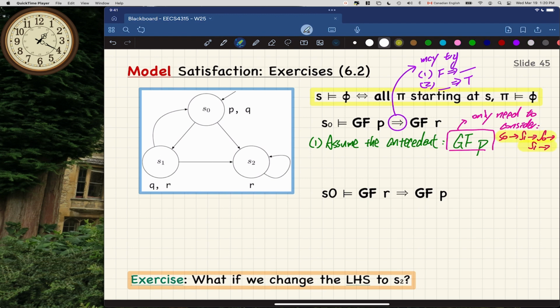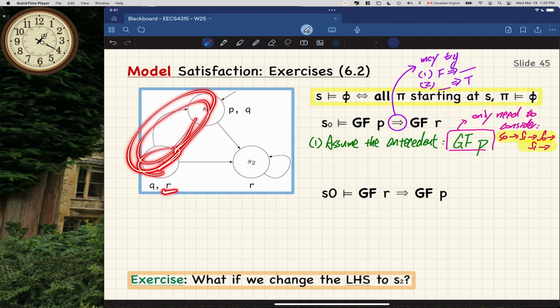Now we can think about whether the consequence is going to be satisfied on this particular path. Is it the case that infinitely often we got R? Indeed. Because for that path, you always get alternating into S1. So infinitely often you will get R true. It doesn't need to be every state. As long as it's infinitely often, you are fine.